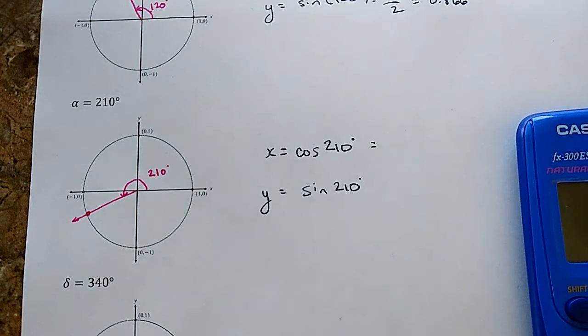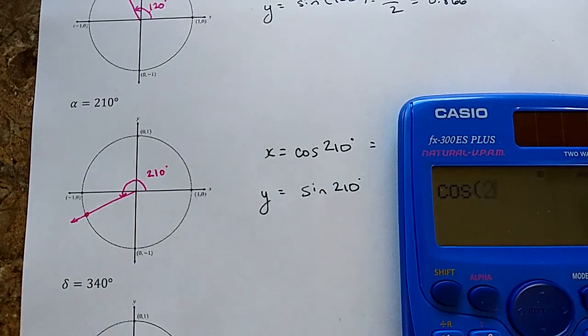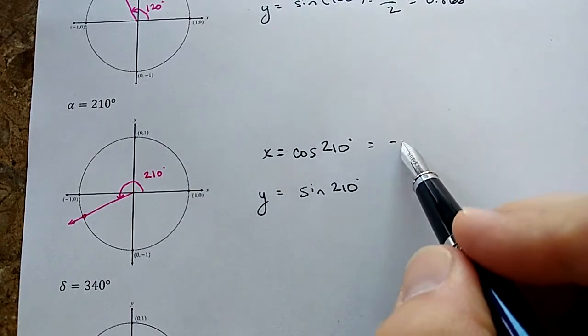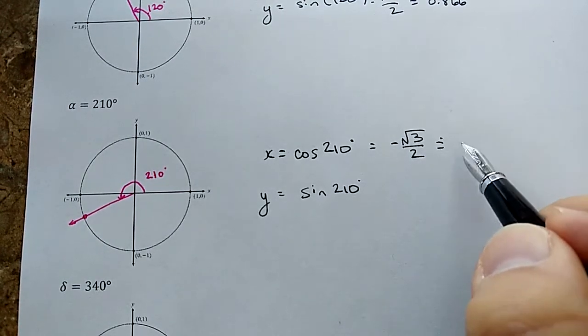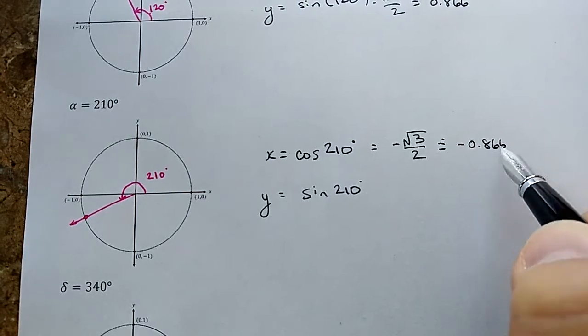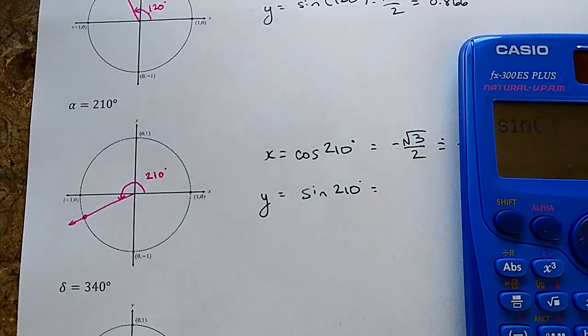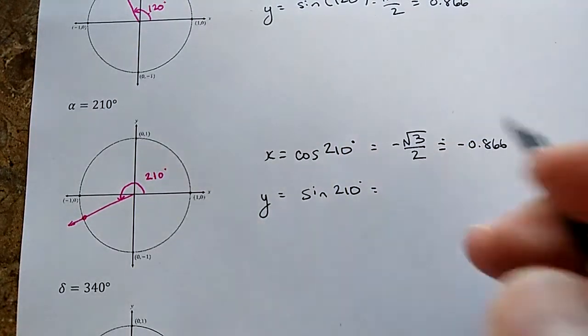So cosine of 210 is negative √3/2, which will be about negative 0.866. And sine of 210, negative 1/2.